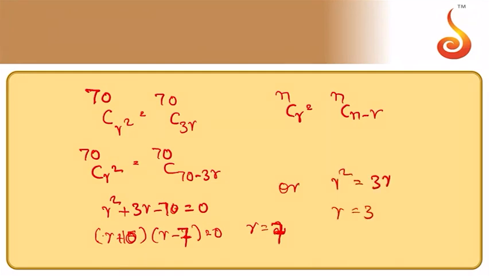This is 70, this is a mistake. So what are the factors that will come? This will come as 7 into 10. So this factor will be 10 and this is 7. Sorry for that. So r is equal to 7.